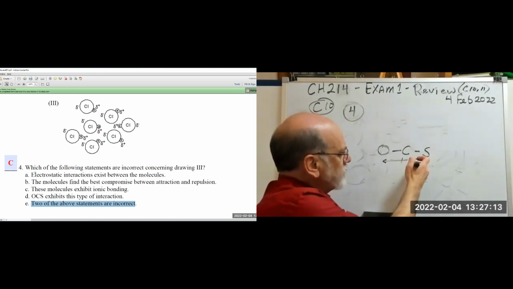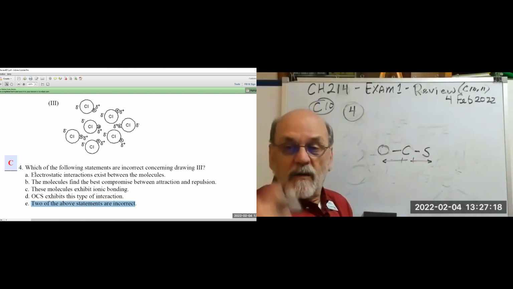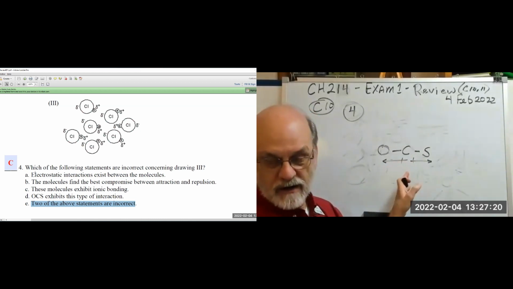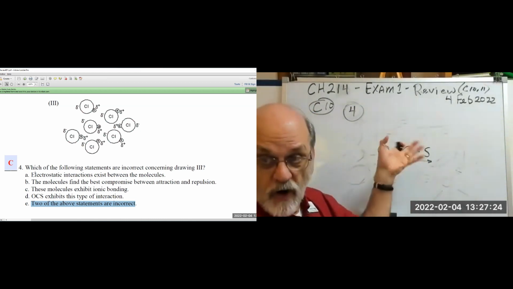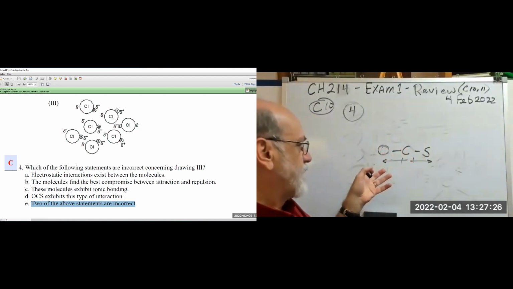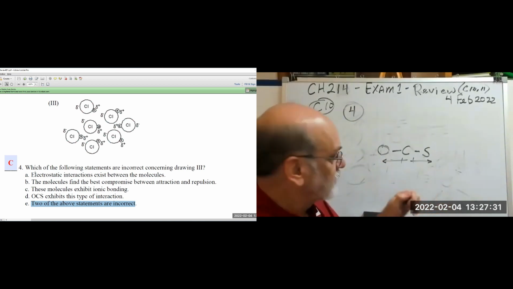And sulfur would be that way. But sulfur is weaker electronegative. So we could draw the dot structure, but this will tell us what we need to know.